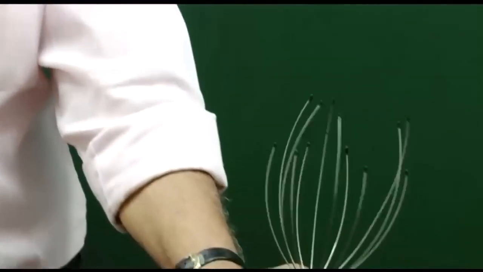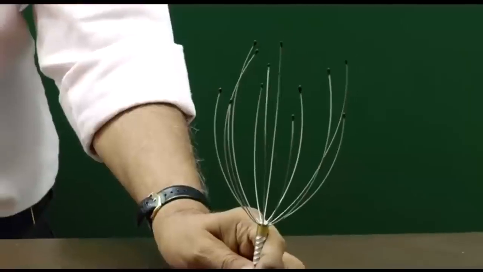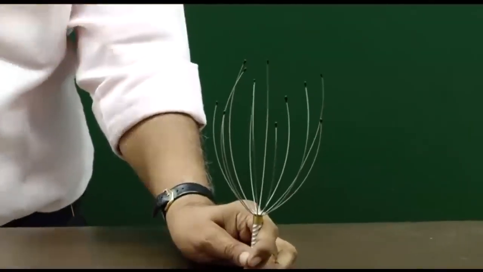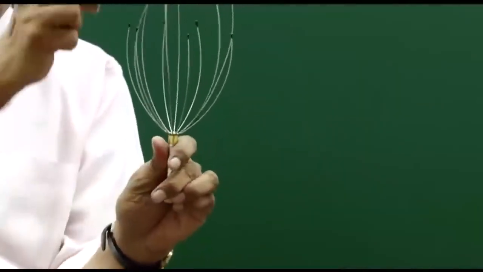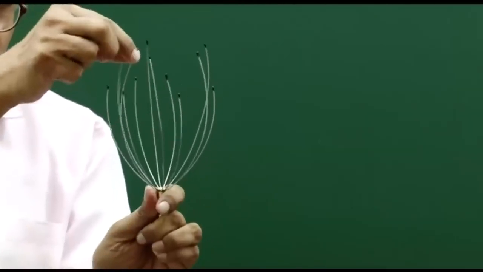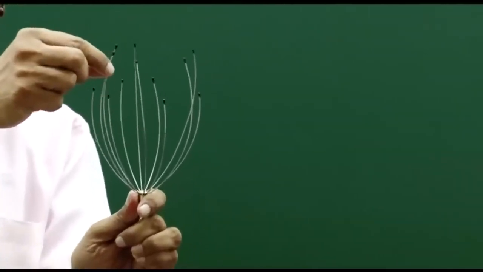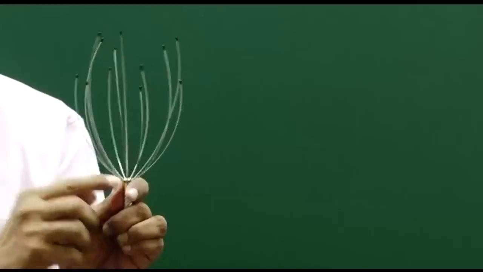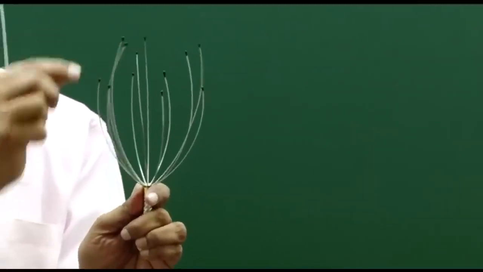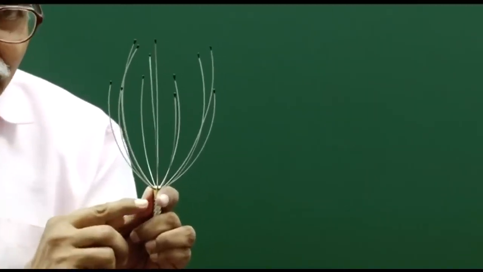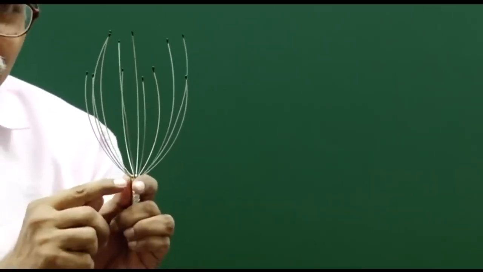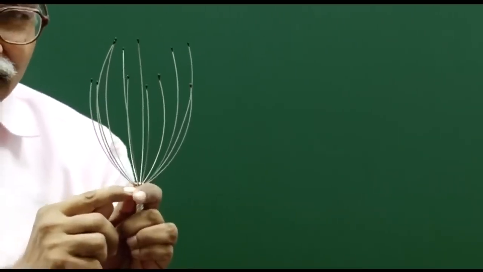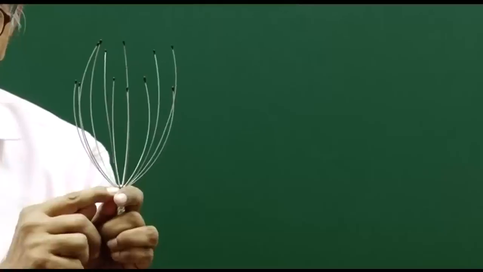If I hold it here and vibrate one of them, they are all joined together here. So, if I vibrate one of them like this, what will happen? This base to which it is attached will also experience some small vibrations or oscillations, some disturbance there.